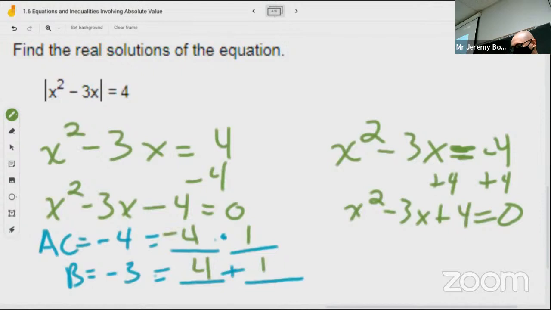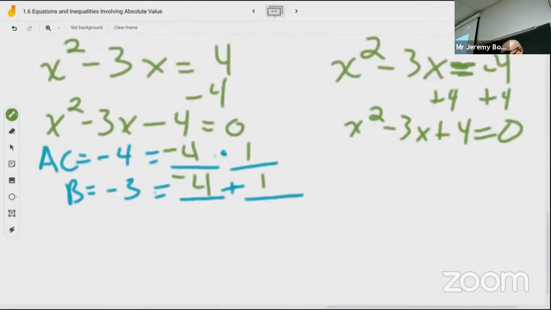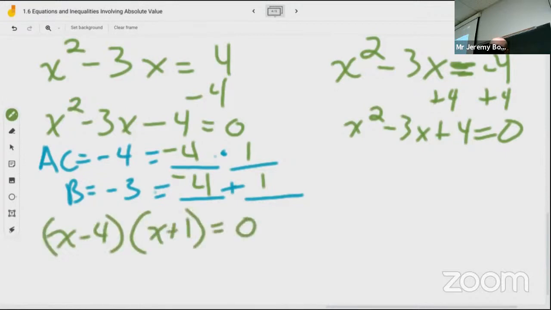Yeah, it looks like if I make the 4 negative, right? And so I'm going to write that. Well, we know the A value is 1, so we know it's going to be x minus 4 times x plus 1 is equal to 0.